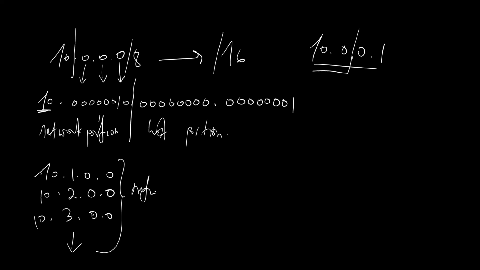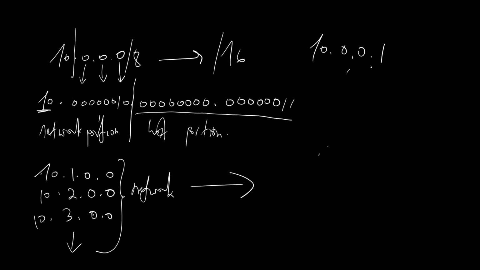This is the network side. On the host side, these are the numbers that increase. So we start with 1, we go to 2, this is 2 in binary. We go to 3, this is 3 in binary. So on the host portion, they will increase like this. The first network was 10.0.0.0. That was the first network.